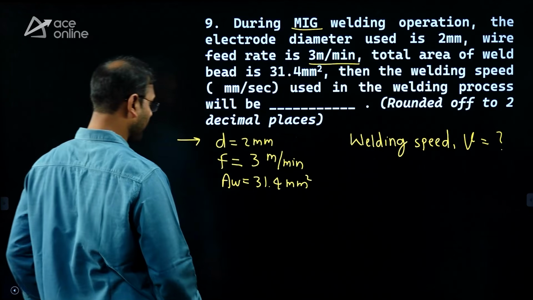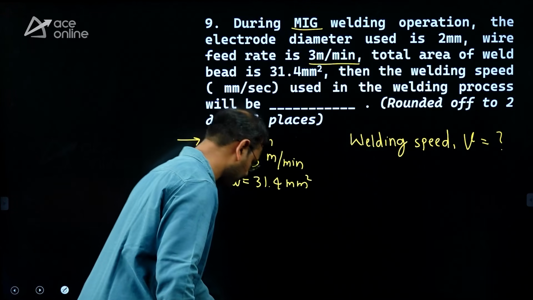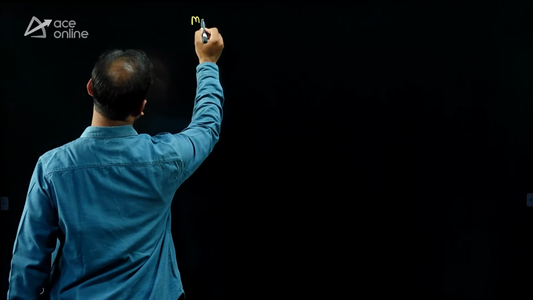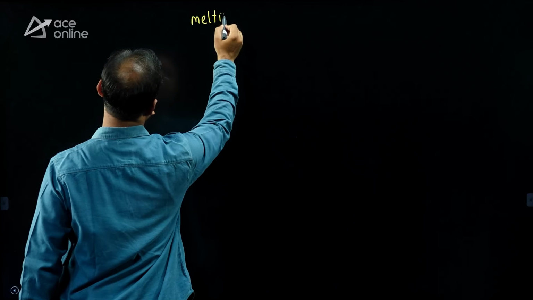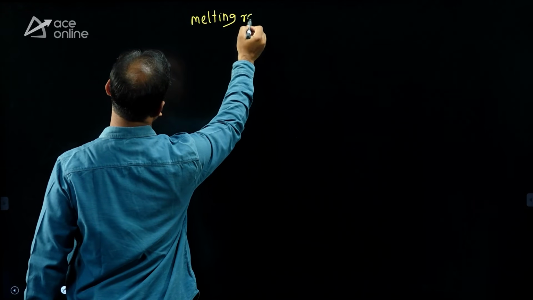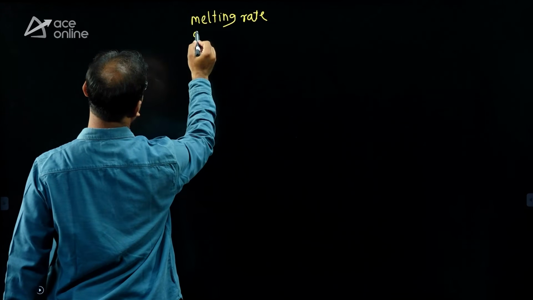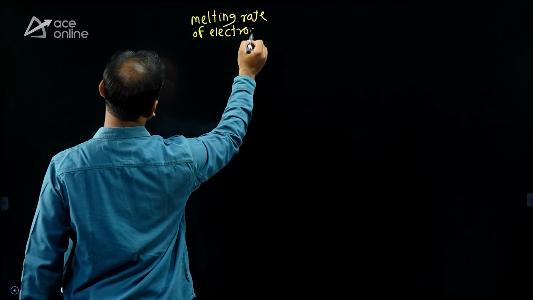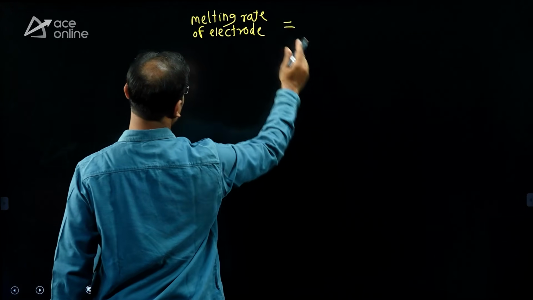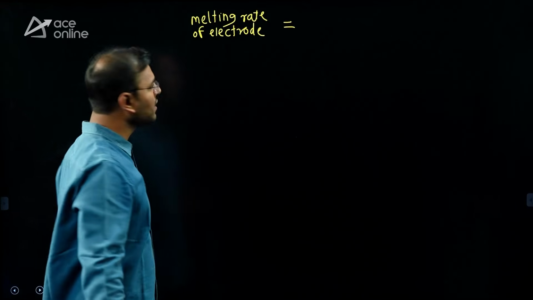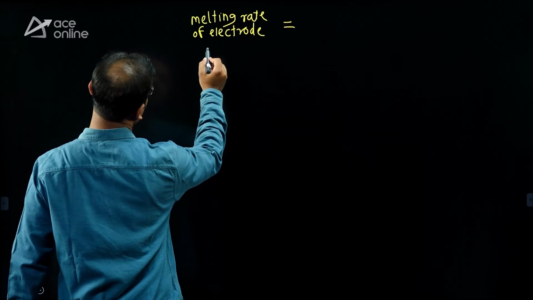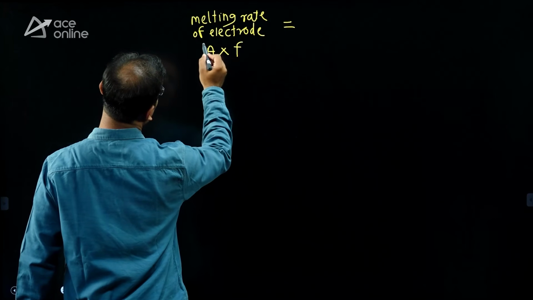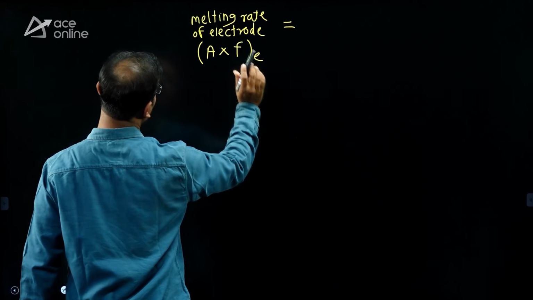Okay. Now see here the melting rate of electrode. Melting rate of electrode means it is the discharge. And what is the formula for discharge? Discharge is area into velocity. But for the electrode we use area into feed.